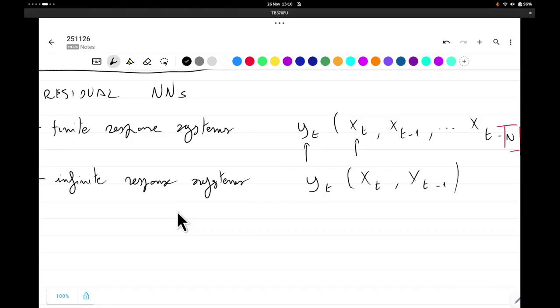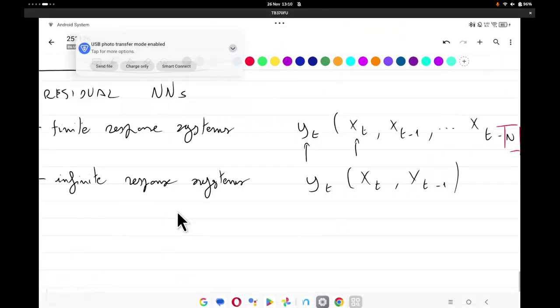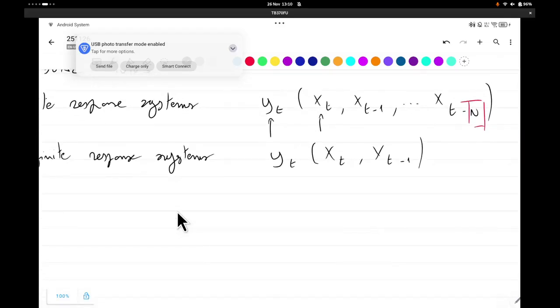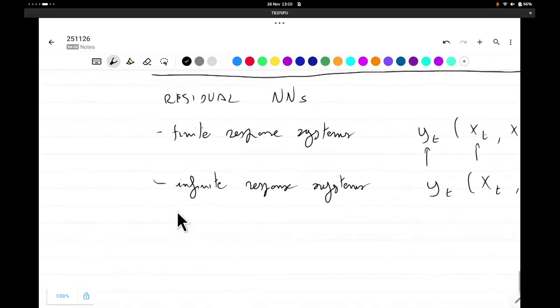So basically now you have that the output at time t is now a function of the input at time t and the output at the previous time. So this is where the recursion, the recurrence, appears.